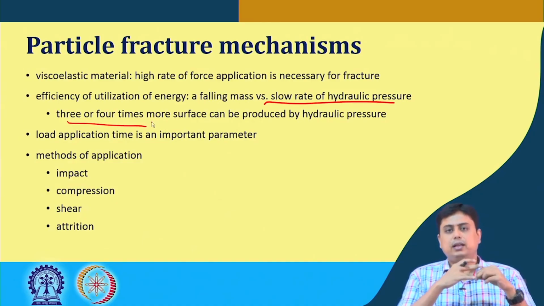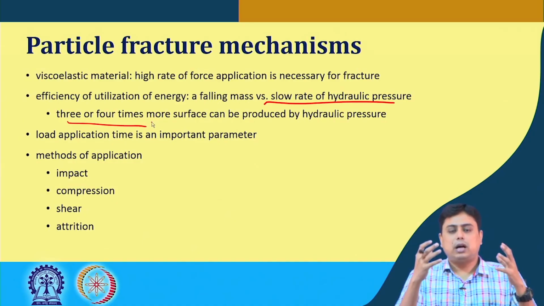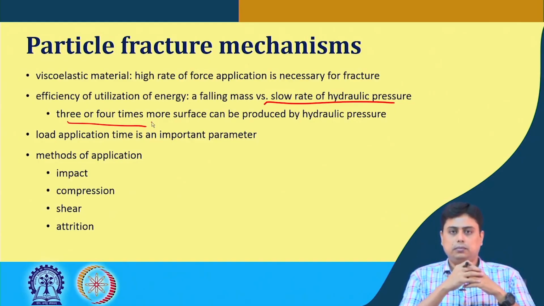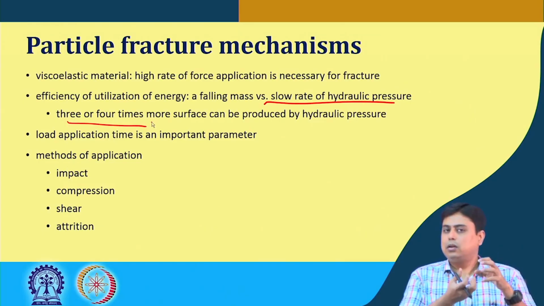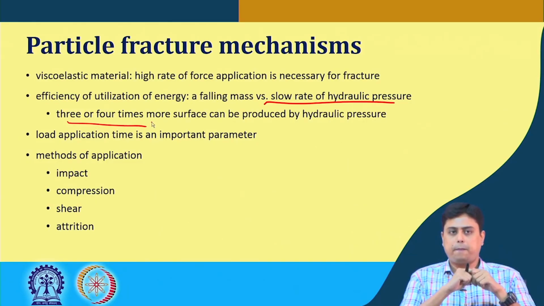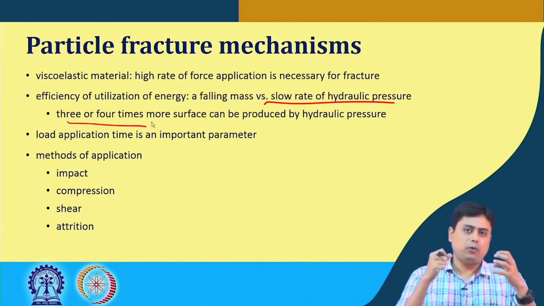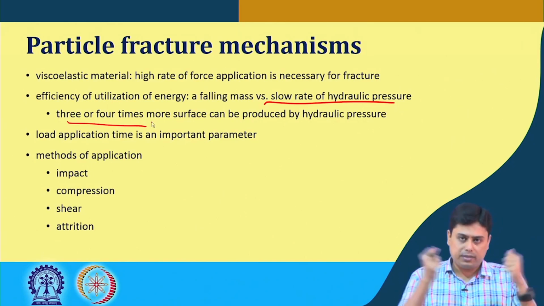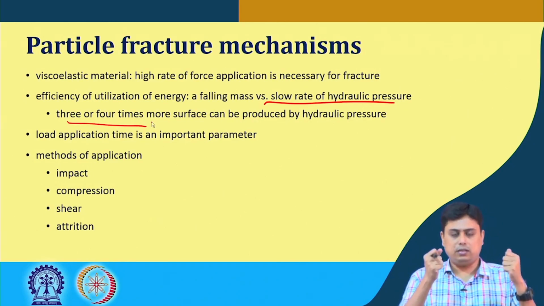So, impact basically comes from a single rigid body, kind of a hammer, on a solid, say, coal. You break it into pieces by hammer, that is the impact. The compression, say, in the same coal particle, you compress it from two sides by two rigid bodies, and it creates smaller coal particles.